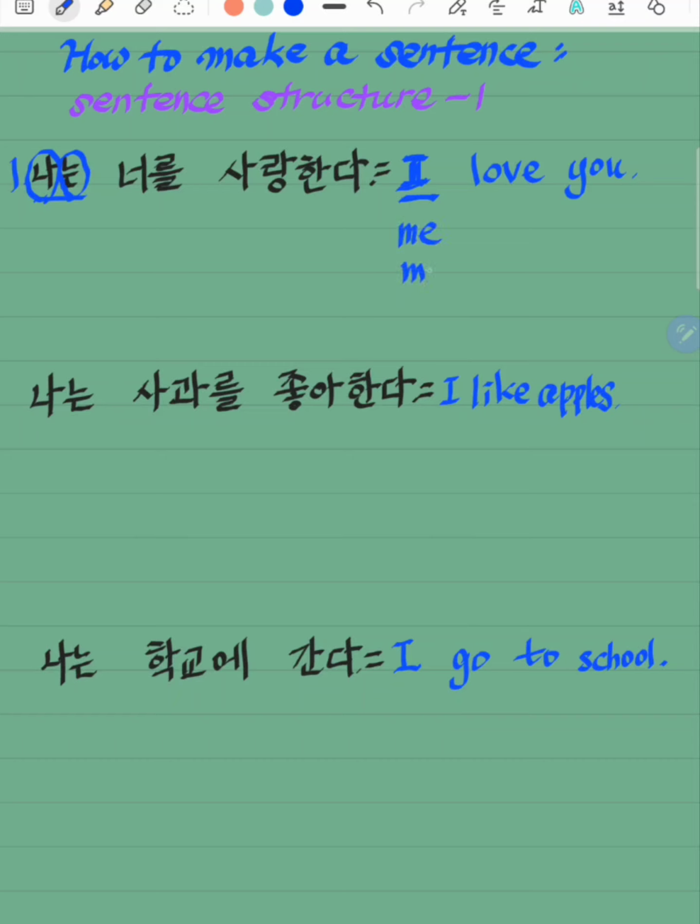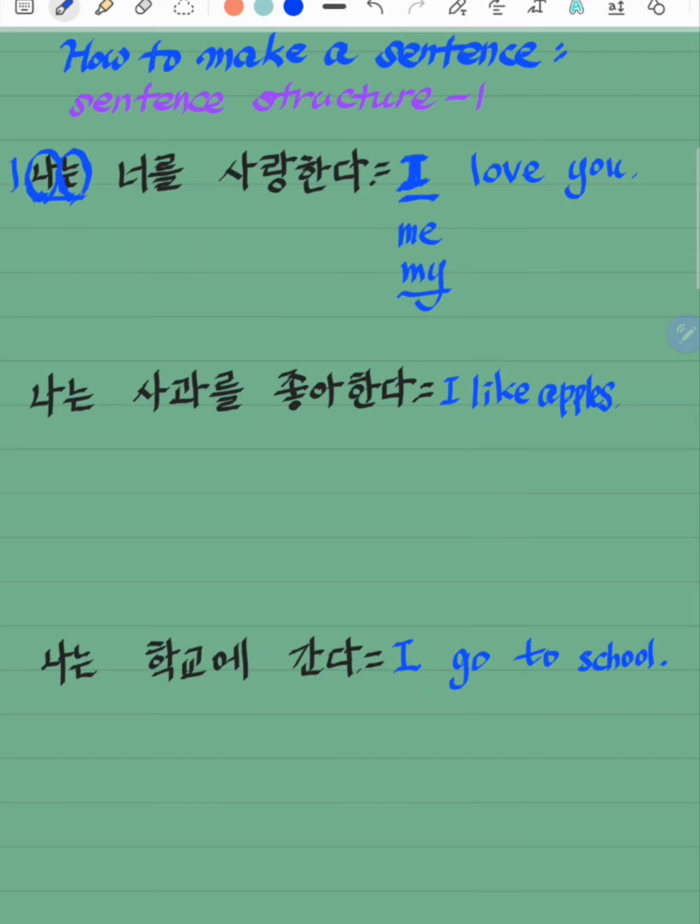And sometimes you use my to mean possession, so we call it a possessive form. So the forms of the pronouns change, but in Korean the basic form na doesn't change, but we put a grammar particle.